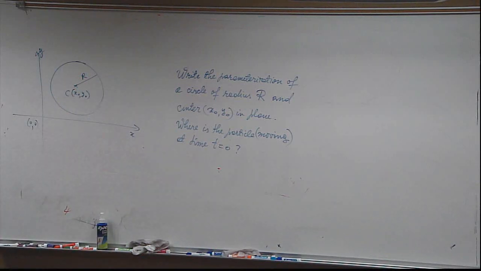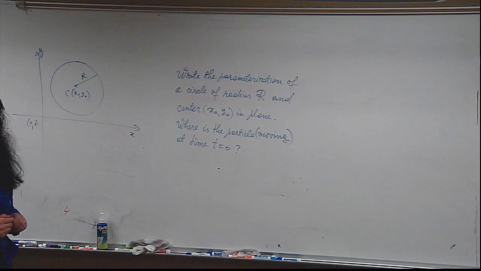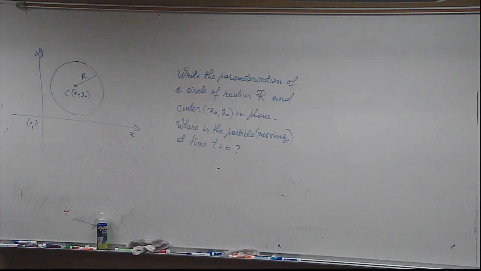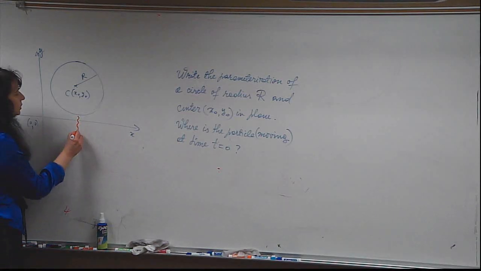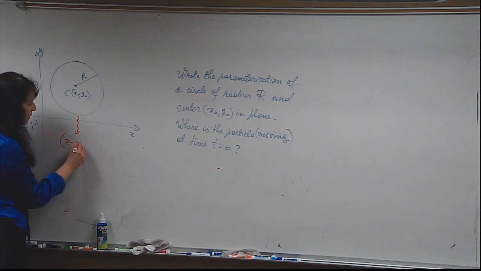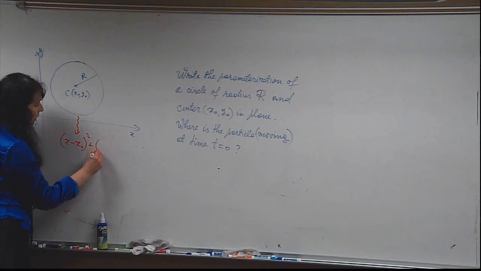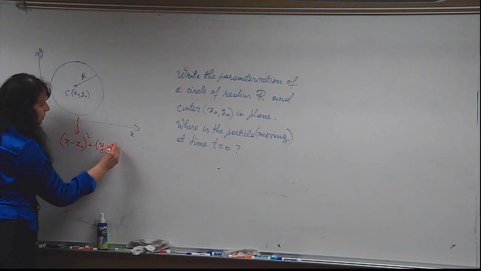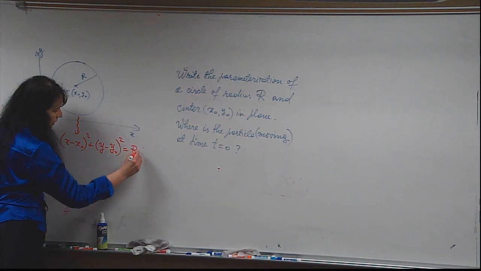Okay? And now they want me to write the parametrization of the circle. How do you achieve it? You say the circle is x minus x0 squared plus y minus y0 squared equals r squared.